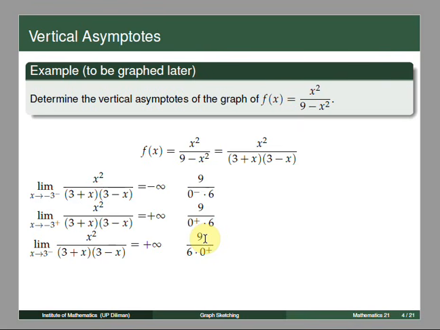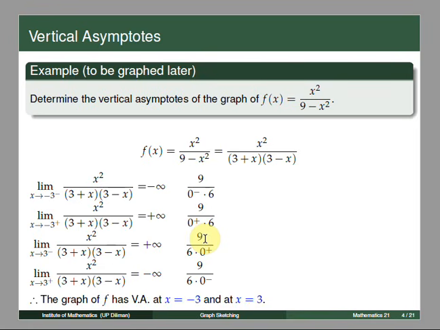Actually, for the limit as x approaches 3 from the left, you can check that the limit is positive infinity, while as x approaches 3 from the right, the limit is negative infinity. Hence, we can conclude that the graph of f has a vertical asymptote at x equals negative 3 and at x equals 3.